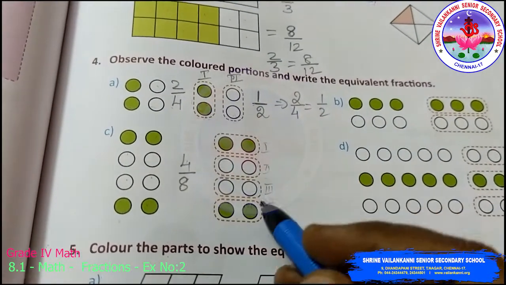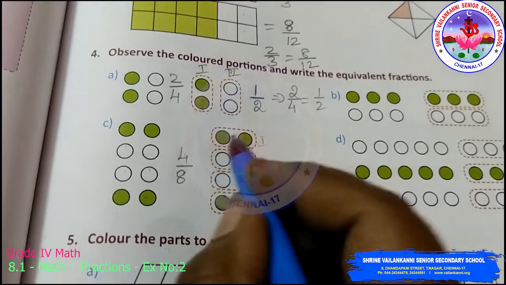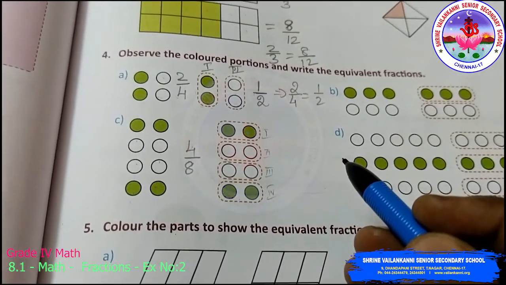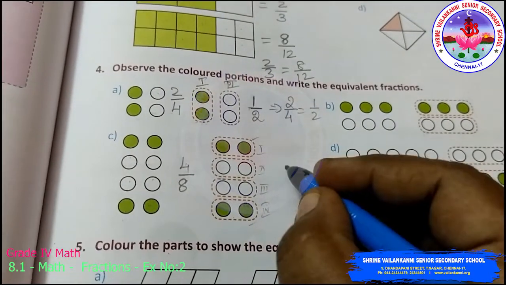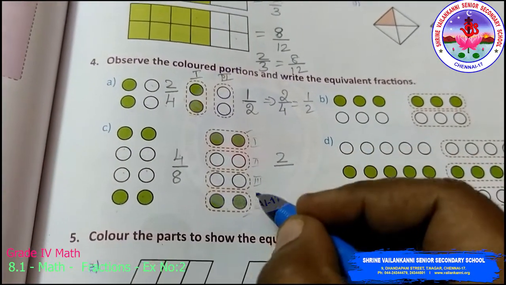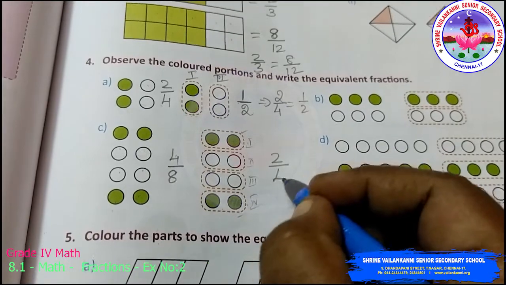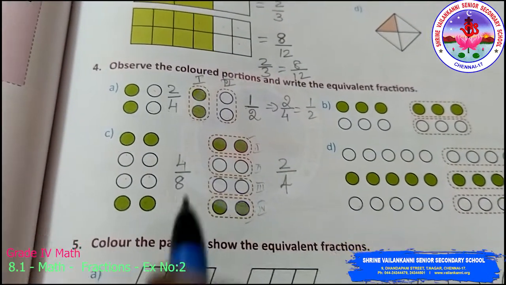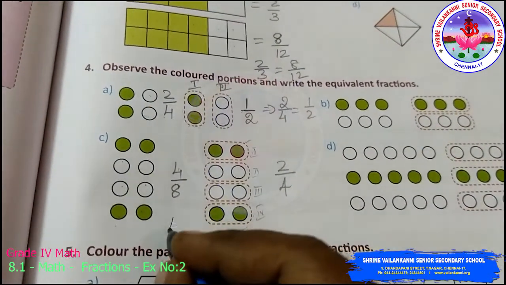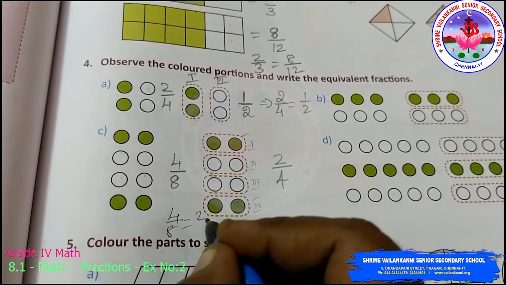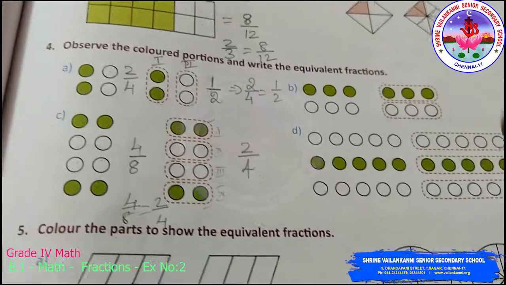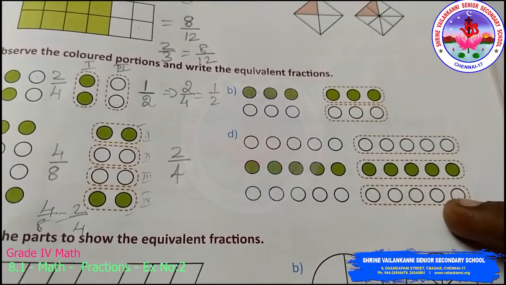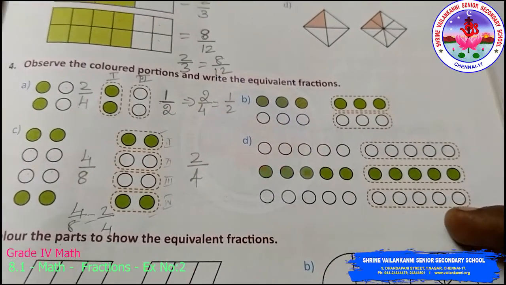Among 4 equal parts, how many parts are colored? 2 parts. 1, 2. So 2 is your numerator, and how many parts are there? 4. So this 4 by 8 is equal to 2 by 4. These two sums you can do by yourself as homework.